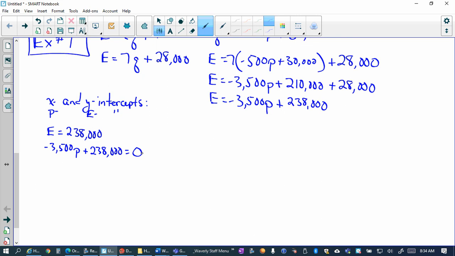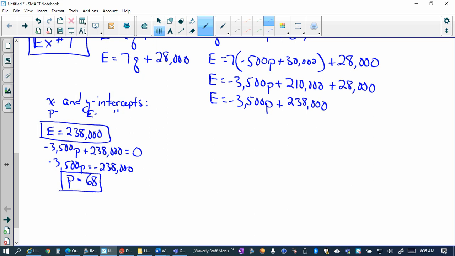All right, so you have negative 3,500 P equals negative 238,000. Guys, what does P equal? Here, get on your calculator and do that. $68. So hey, here's my E or my Y-intercept, my P or my X-intercept.